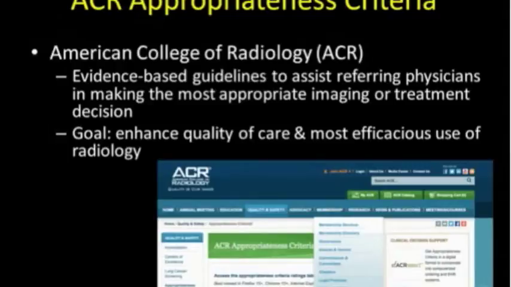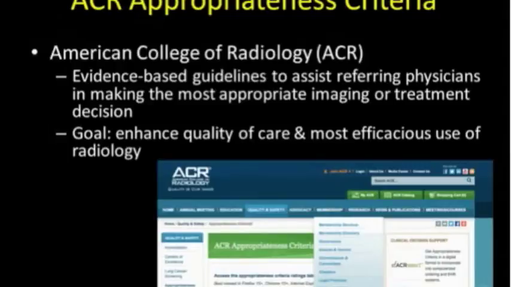For example, in a child who presents with right lower quadrant pain and you want to assess for appendicitis, I'm giving an example, ultrasound is the first test, and that's scored. Anything above a 7 is considered most appropriate, so it will get the highest score, 9. And they list what they recommend is the best imaging study and then some alternate studies as well, depending on what's available in your institution. The goal is to eventually provide the best care and the most efficacious use of radiology.